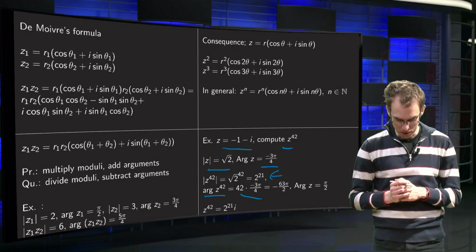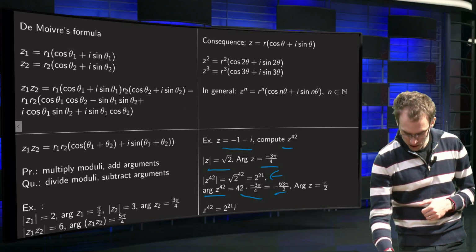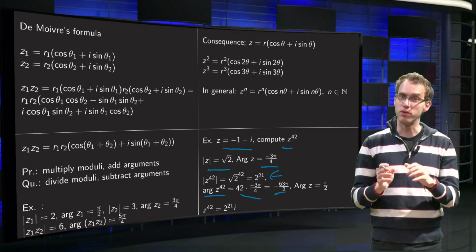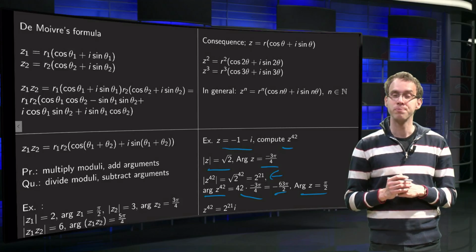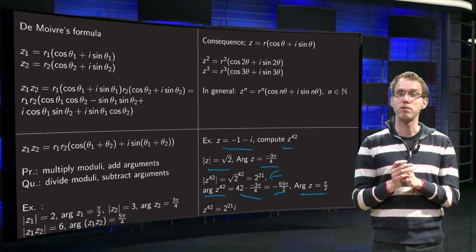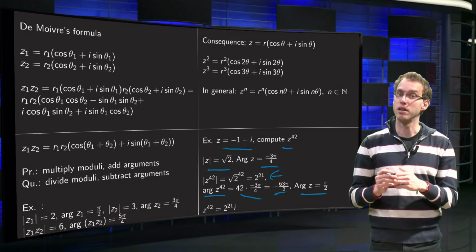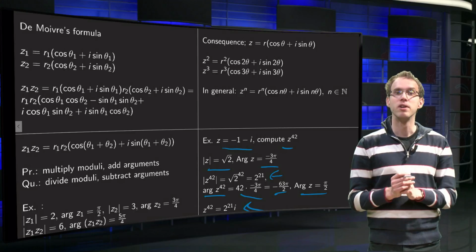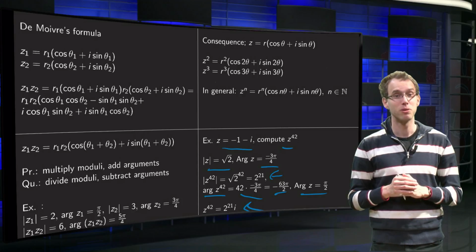So 42 times minus 3 pi over 4 simplifies to minus 63 pi over 2, and the principal value of the argument is between minus pi and pi, so the principal argument will be pi over 2, and we can compute z to the power 42 as 2 to the power 21 times cosine pi over 2 plus i times sine pi over 2, which equals 2 to the power 21 times i. So there we have our z to the power 42. Now we see how we can use De Moivre's formula to compute high powers of complex numbers.